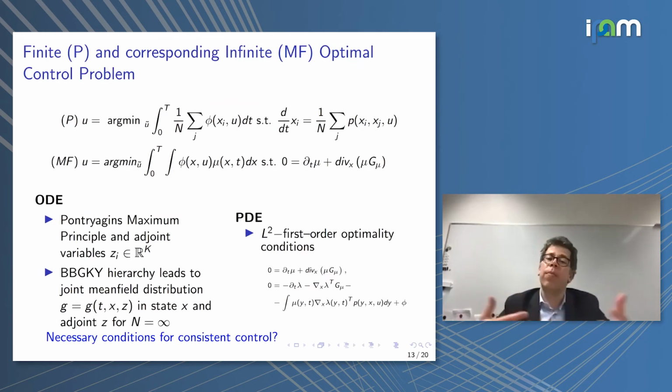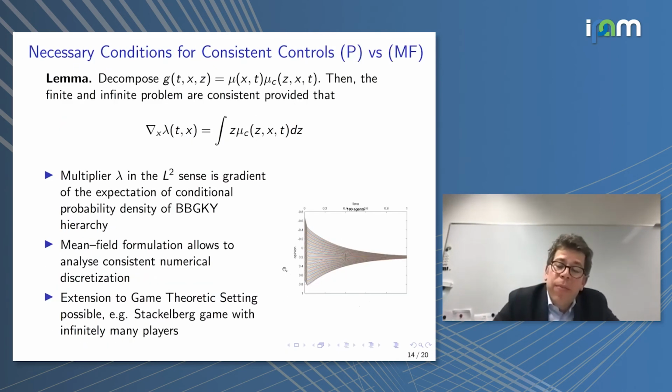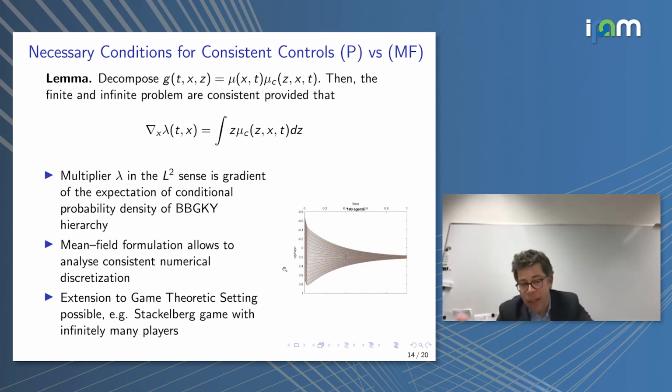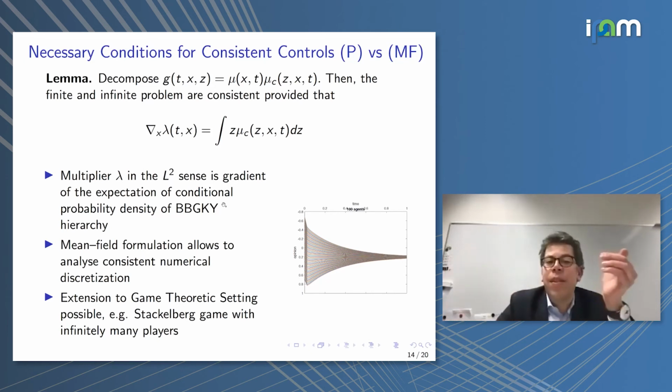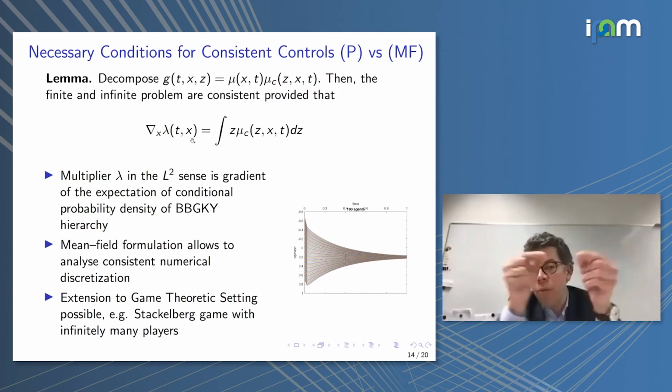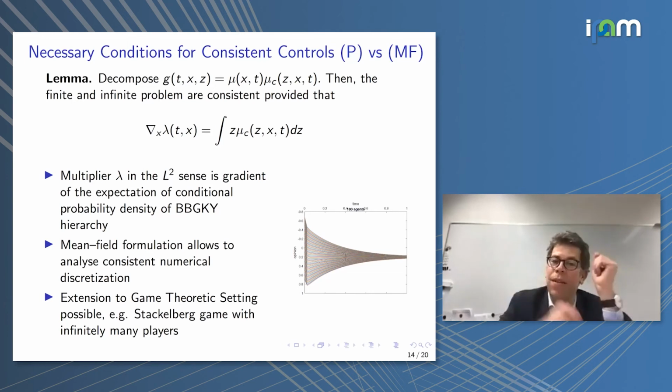If there are many, many particles, clearly this problem gets more and more complicated. So I prefer to maybe solve this one. And how should I solve this one? Well, this mean field formulation would allow you also to design numerical schemes which have maybe a different order of complexity than the ones for the ODE. So depending on the number of particles you have, and given this condition, you can now go through this hierarchy also on the optimality level.